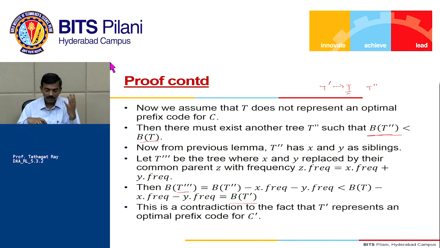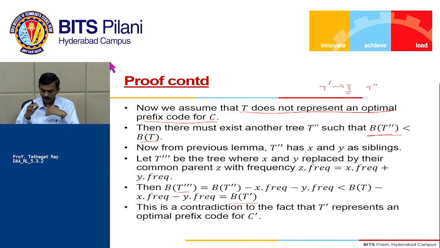So my assumption that T does not represent an optimal prefix code for C doesn't hold true anymore. Hence, T is the optimal prefix code for C, and hence we have proved the optimal substructure property.